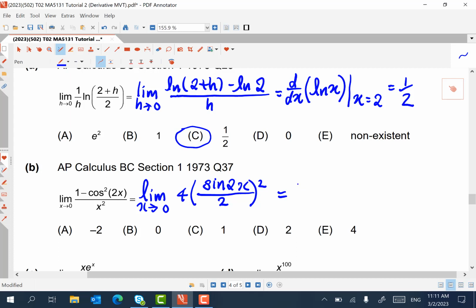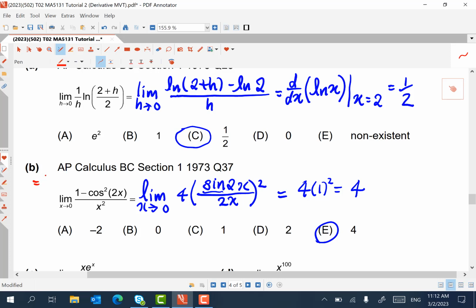So this is 2x here, and this gives you 4 times 1 minus cosine square, which is sine square, the sine square of 2x. Maybe I rewrite again, one more step.